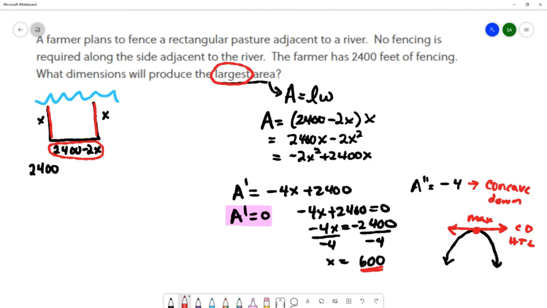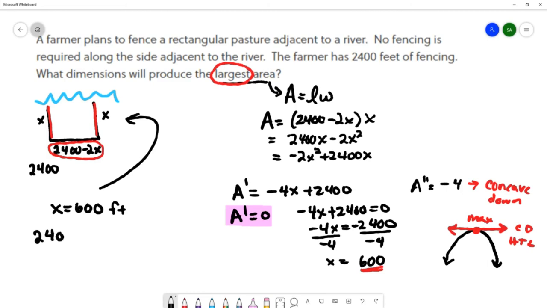So we're going to be able to create a pasture with the largest area when x is equal to 600 feet. So that is the side that's going perpendicular to the river. And then we can find the side that is parallel to the river.